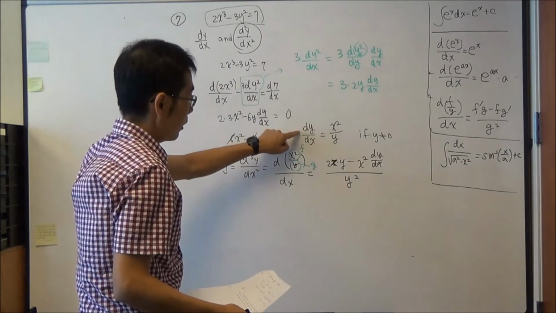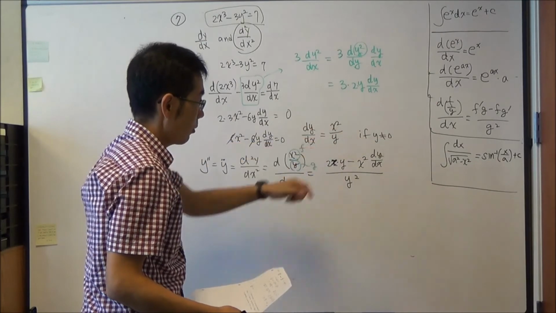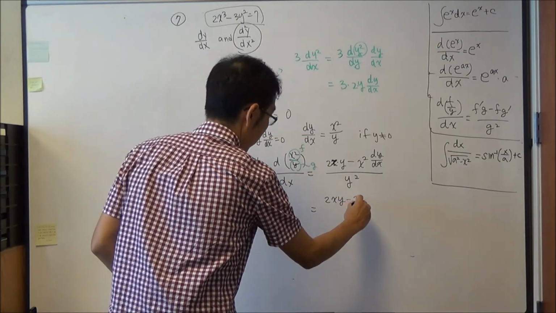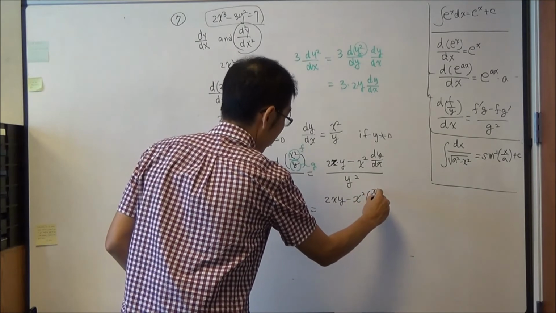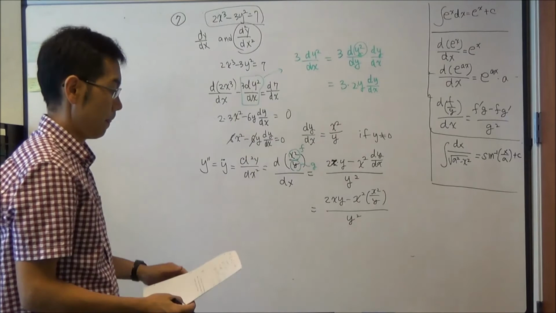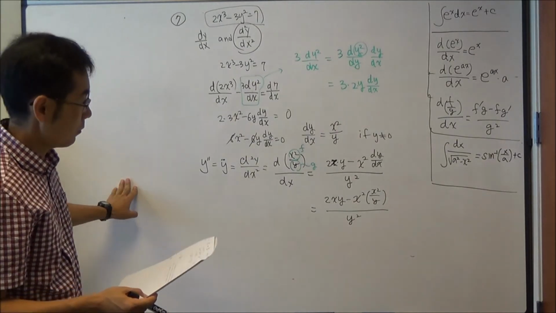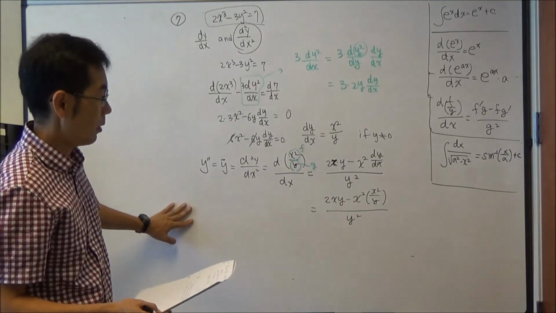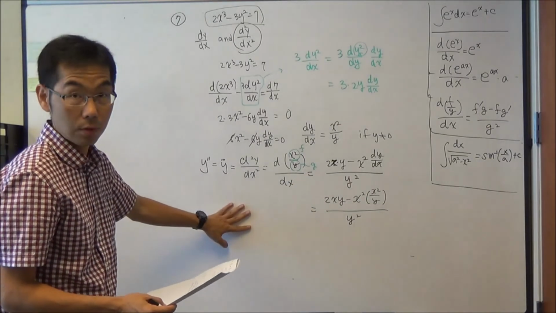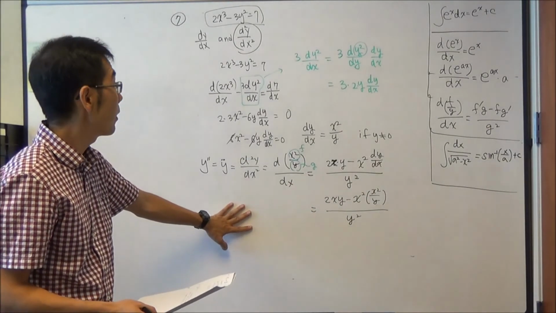But we already got dy over dx as x squared over y. So this is equal to 2xy minus x squared y over y squared. If you just simplify these functions and rearrange nicely, then you see that answer.